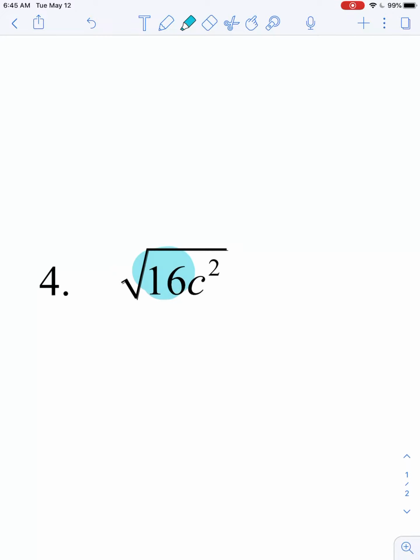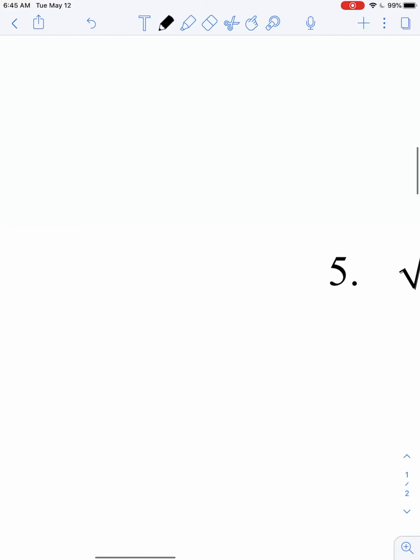The square root of 16 is simply 4. The square root of c squared is c, because 2 is an even number. We take half of that and we pull it out. 4c would be our answer to number 4.